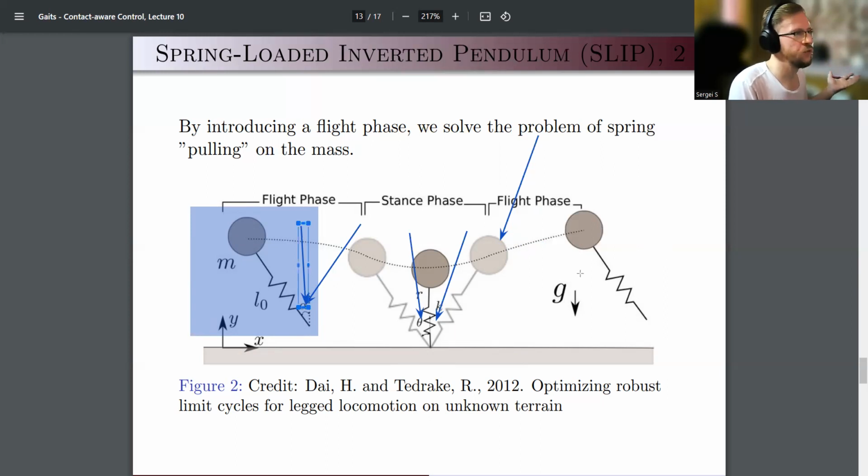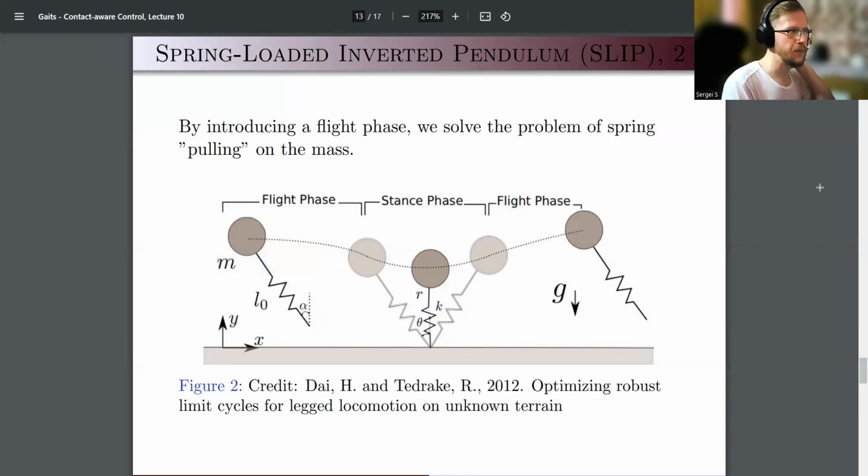So there are two ways to think about it. One way is to think that we fixed the linear inverted pendulum by adding a spring which unbends our knee and prevents this shortening of the leg. And the second way to think about it is we just simulate this jumper, whichever you prefer. Okay, as you will see soon, it's not really important.